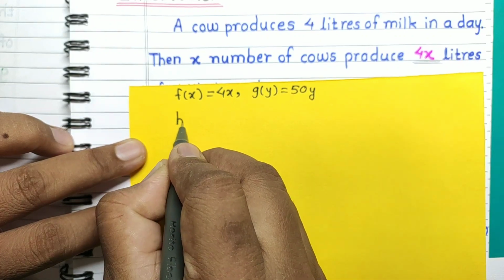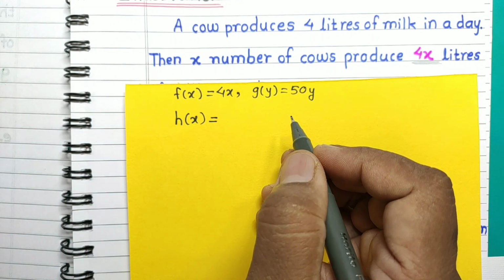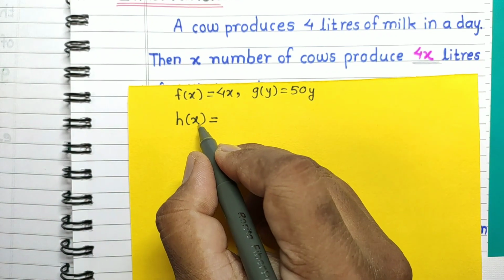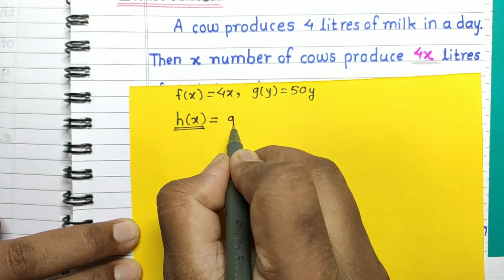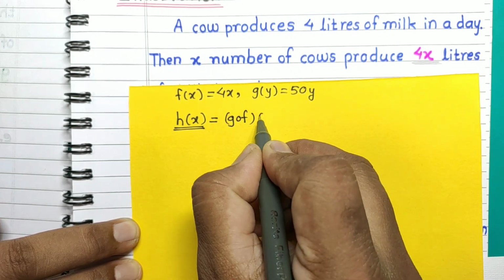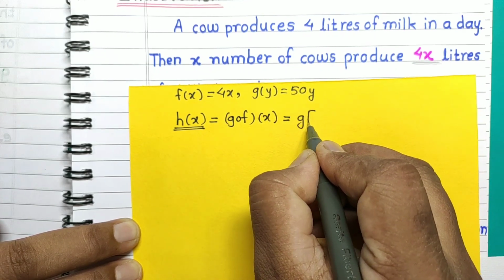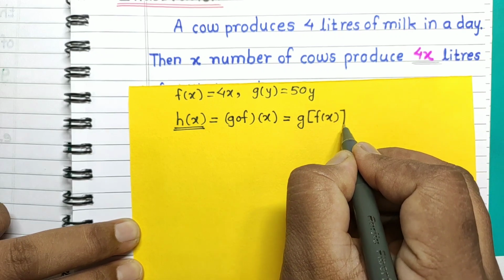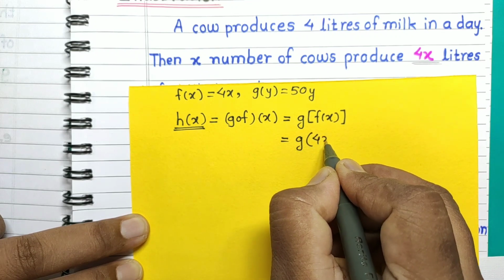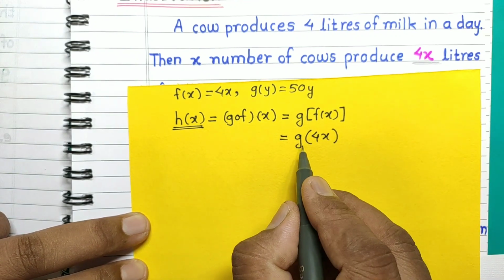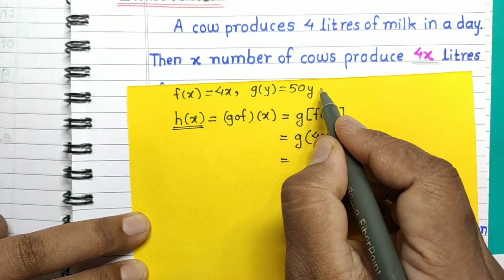If we denote by function h of x the money earned from x number of cows in a day, then this h of x will be the composition of f and g. So this is given by g of f of x. So g of f of x is what? f of x is 4x, and to find g of 4x, substitute this 4x in the definition.